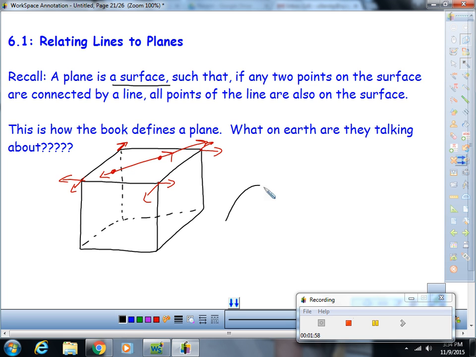Well, let's see what I can do here. Let's say we've got something that looks like that. Oh boy, this is going to be tough. Okay, that's not bad.